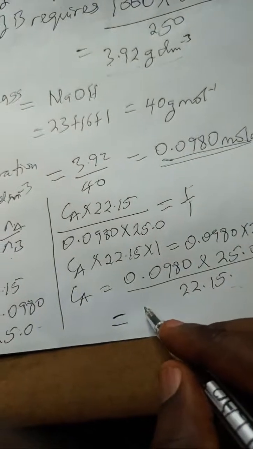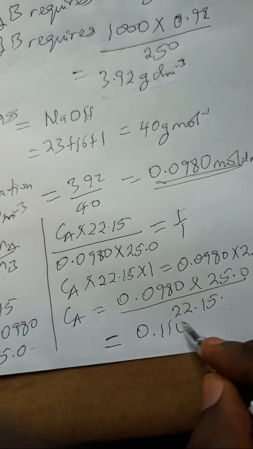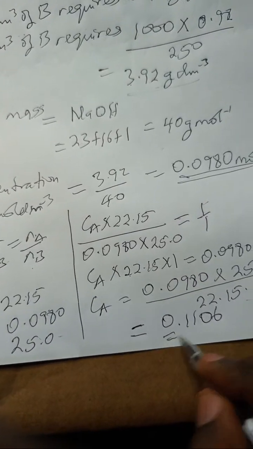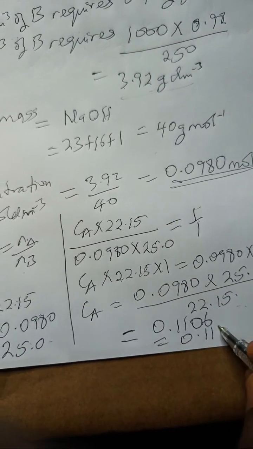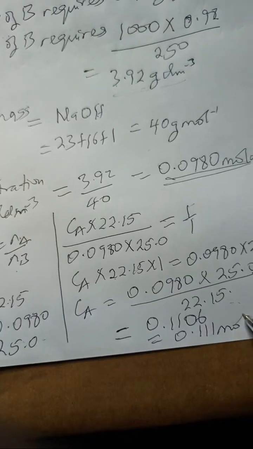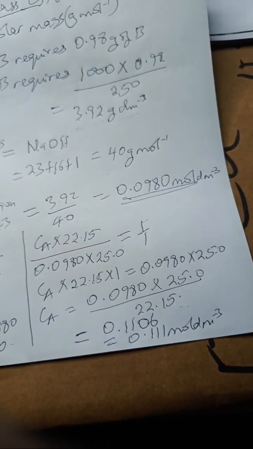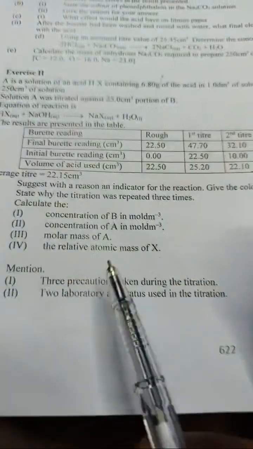To take it to 3 significant figures, it will be equal to 0.111 mole per dm cube. So that's the answer for that. Let's go to the next one.